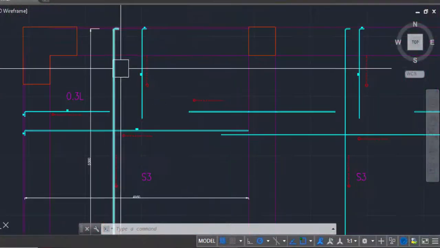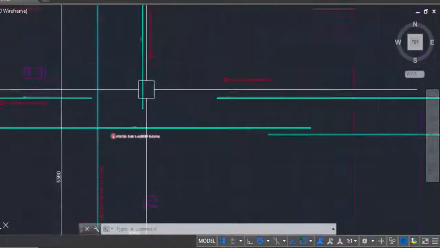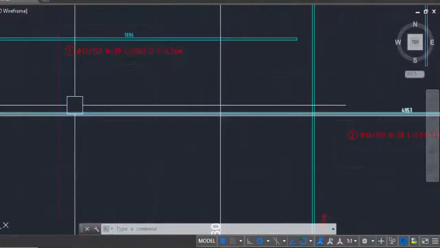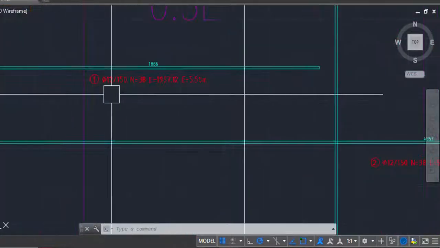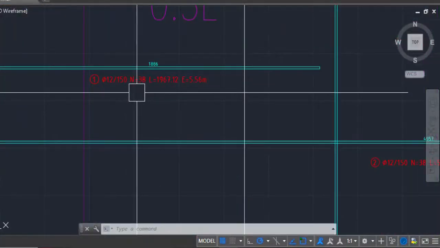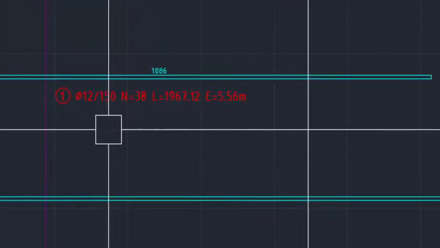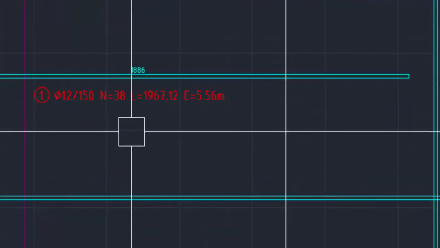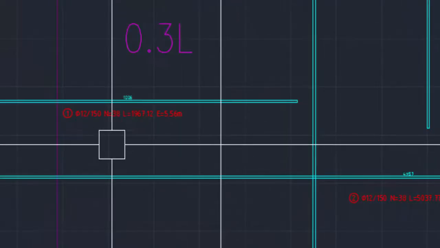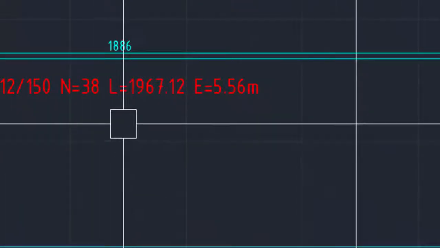In my case, we will start from bar 1. As you can see, this bar 1 is 12 mm dia bar, 150 mm center to center distance. Numbers we will calculate based on our cross section and length and all that.